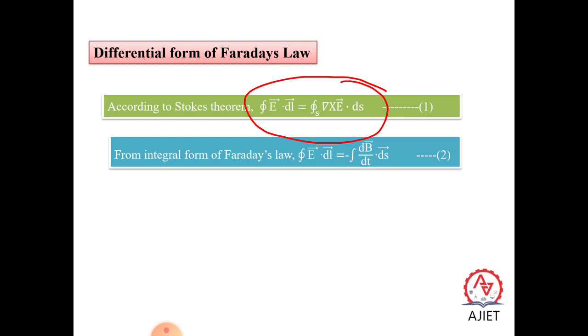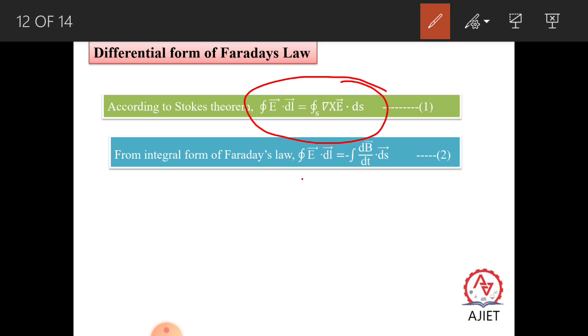From the integral form of Faraday's law, we have seen that the closed integral of E dot dl is equal to minus the integral of dB by dt into ds. And from Stokes theorem, the line element can be converted into the surface element, del cross E into ds.